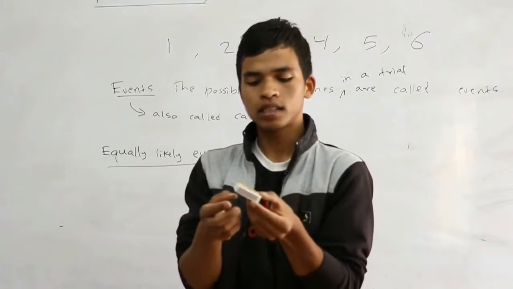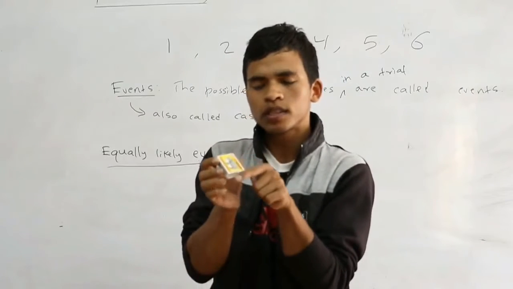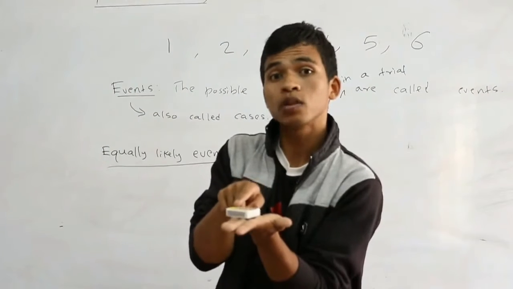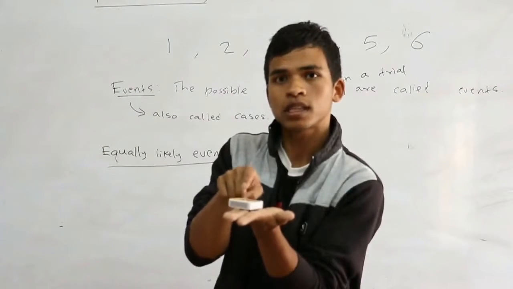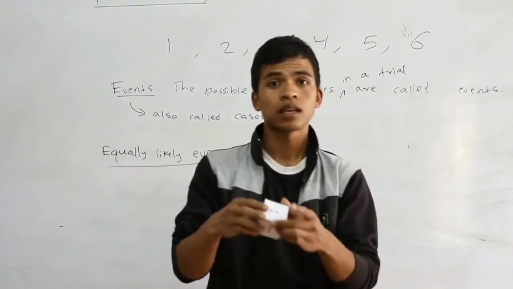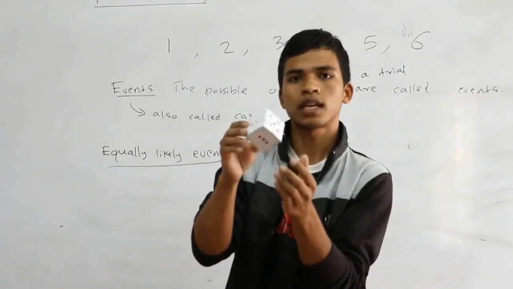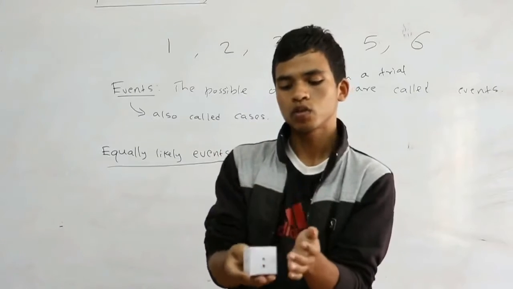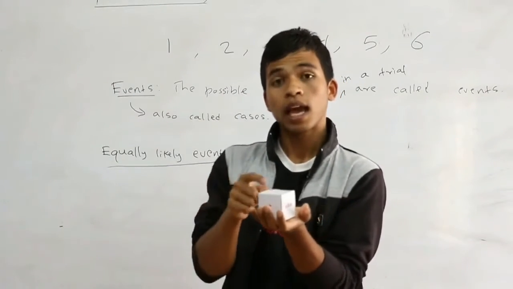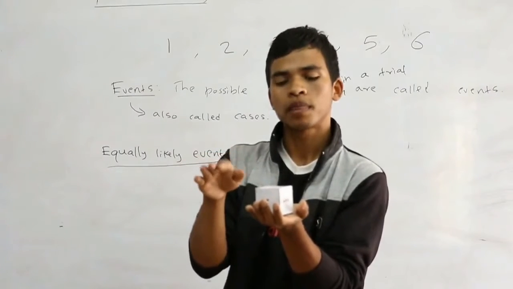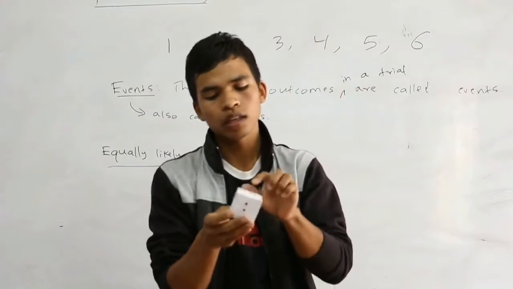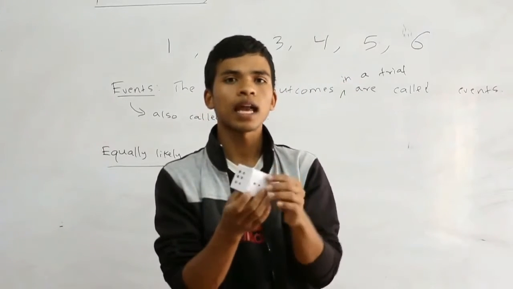The reason is that these two faces are bigger, so when you toss it, it is more likely to show one of these two bigger faces on top. But for this cube, because a die is in the form of a cube, when you toss this, you have no reason to expect any face to come up over any other face. That's why all these faces are equally likely to come.